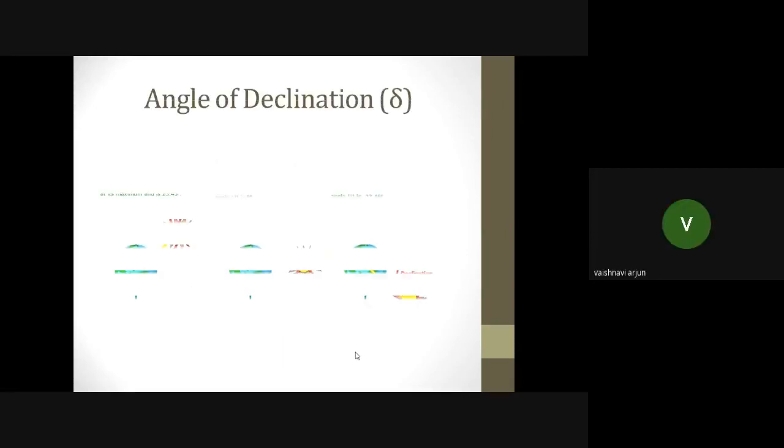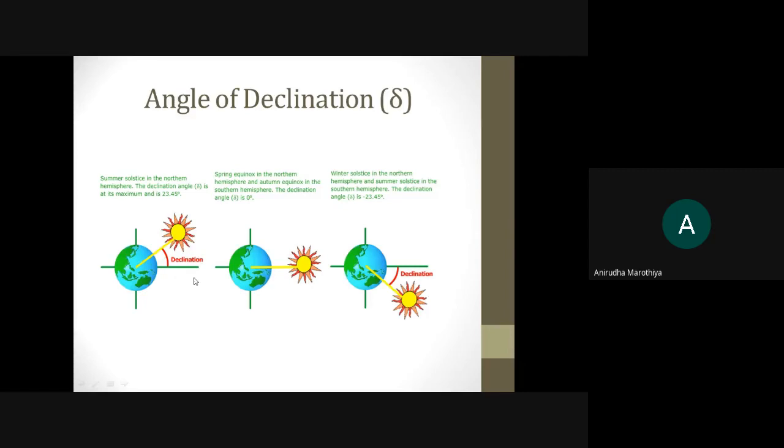Now here I have indicated some instances of how the value of del is going to vary depending upon the position of the sun with respect to the earth's equatorial plane. In the first case, during summer solstice, the value of del is around plus 23.45. Why is it plus? Because we are in the northern hemisphere, because this indicates the north pole and this indicates the south pole.